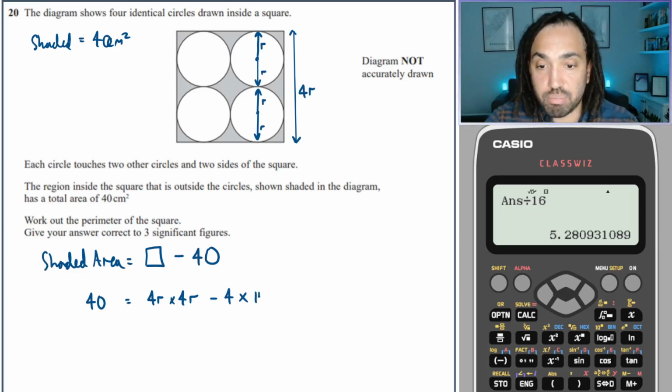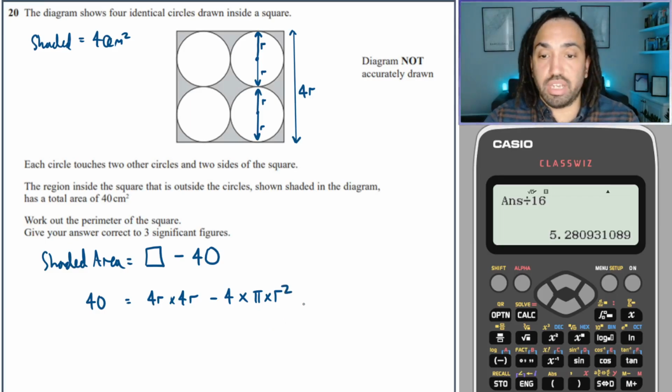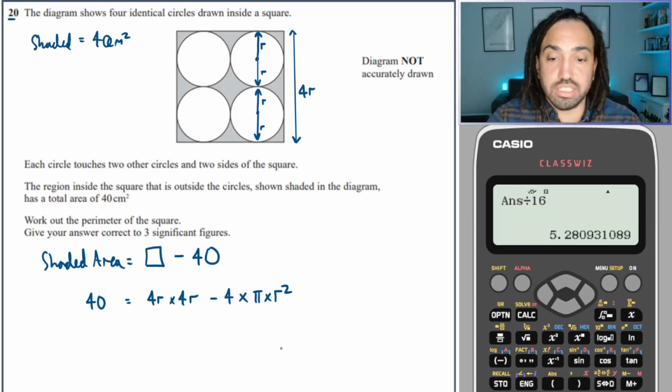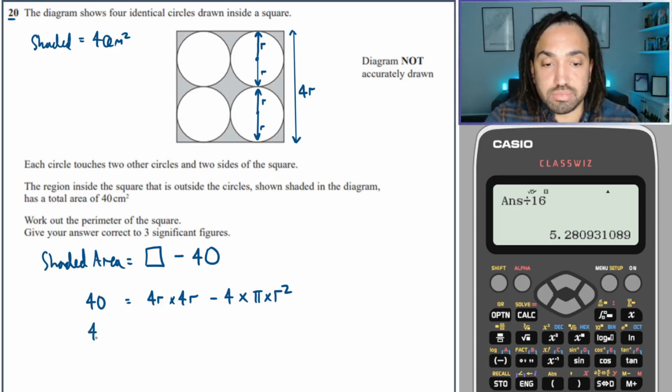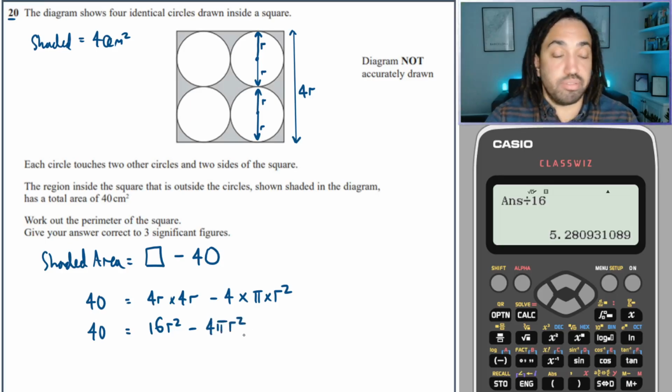So pi times R squared. Okay, lovely. Oh, this is a question 20. How exciting. Okay, so 40 is equal to 16R squared, because 4R times 4R is 16R squared, minus 4 pi R squared.